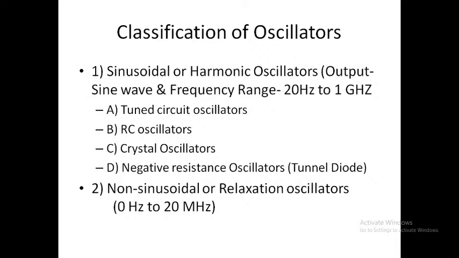Whatever waveforms other than sine wave, that is square wave or sawtooth wave, these oscillators are called non-sinusoidal or relaxation oscillators, and their frequency range is from 0 Hz to 20 MHz. From now on we are going to study only sinusoidal oscillators, that is RC oscillators and crystal oscillators.